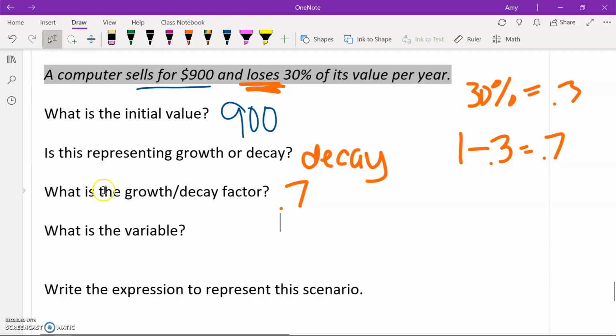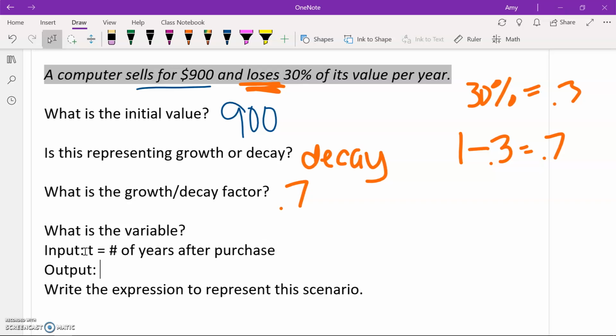Now our variables, our input, we can say t is going to be the number of years after purchase, and then our output will be v, could be the value. Once again, remember I'm using t for time instead of y for years just because we're used to x and y representing certain things.